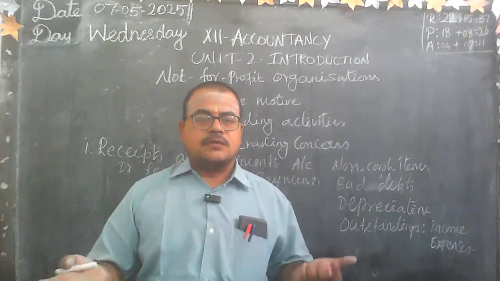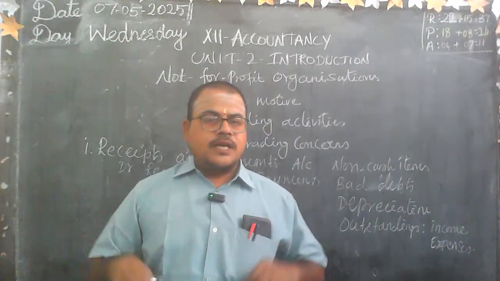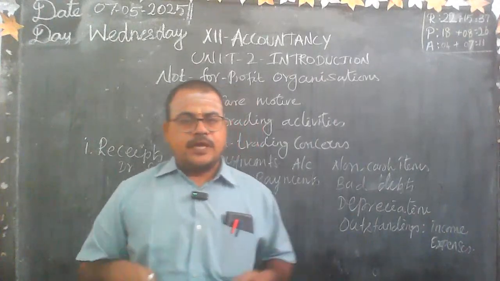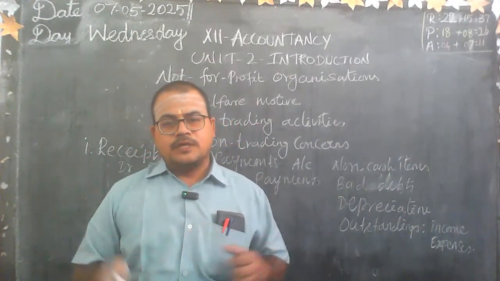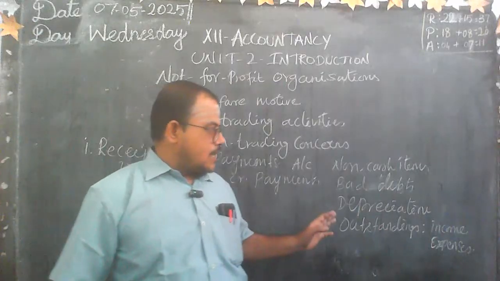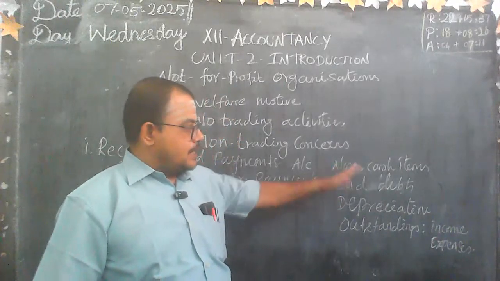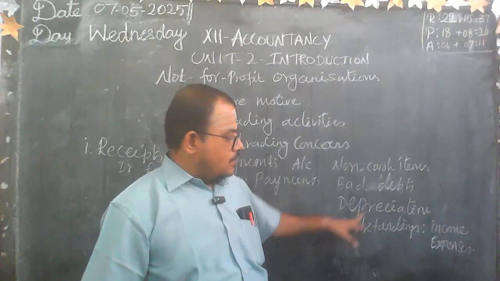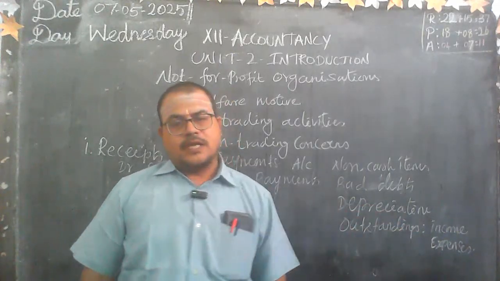Outstanding expenditure is expenditure that will be paid but not yet paid. So there is no cash movement. Such items are called non-cash items: bad debts, depreciation, and outstanding income or outstanding expenditure.